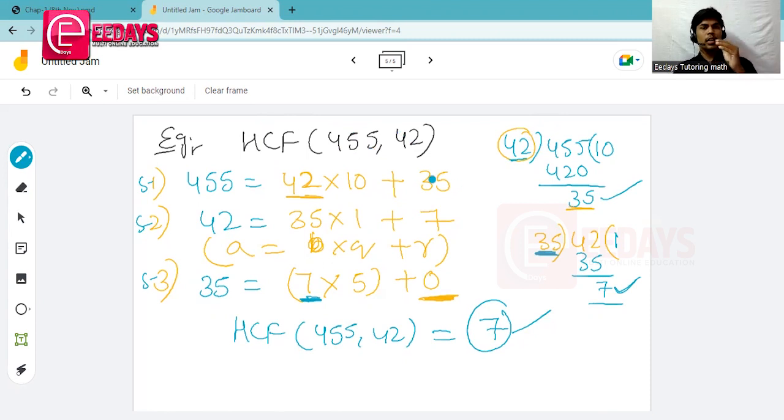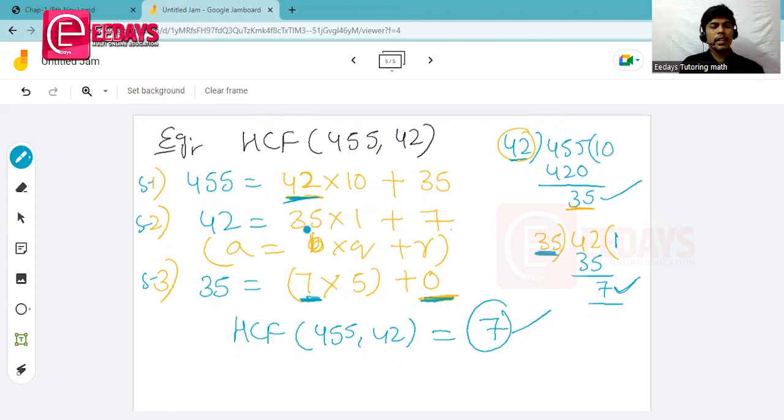You can write it in the format of Euclid division algorithm. After getting that, we take 42 as the dividend here. Now 42 we can divide by 35 into 1. So you'll get 7 as the remainder. Still we couldn't get remainder 0. That's why we continue the process till we get 0.